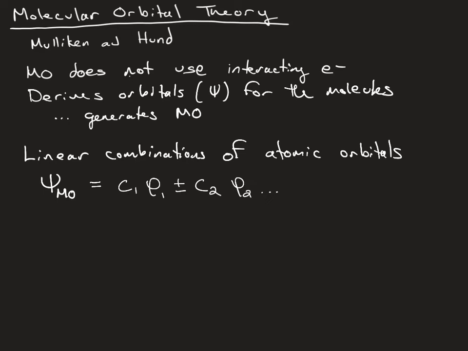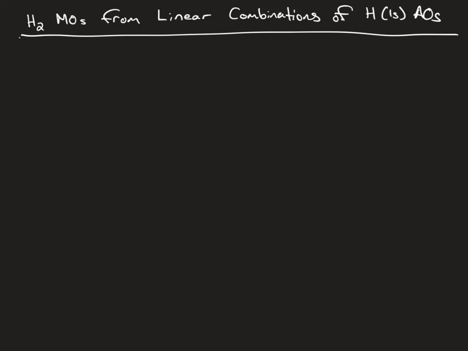What we're going to do is generate the molecular orbitals and an MO diagram for H2. And the way we're going to do this is we're going to look at the 1s orbital for HA, adding together and subtracting from the 1s orbital for HB.